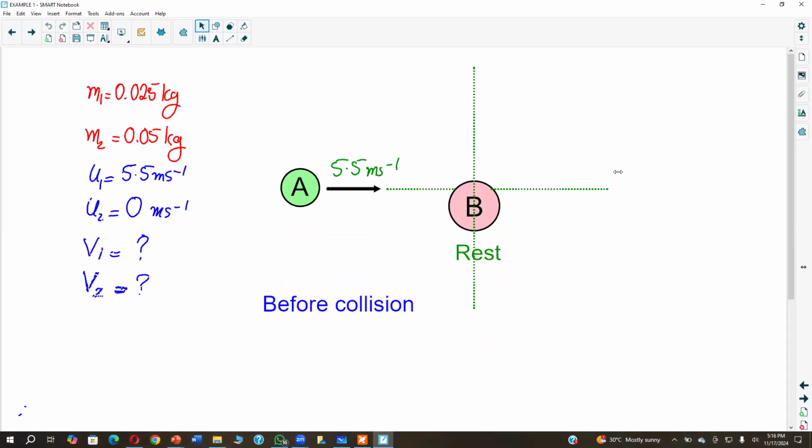Okay. Now I have made a data, it's a paper two style question. So now you have to make a data sheet. You have to show all the info you have. Q1 is 5.5. Q2 is 0. V1 and V2 is X. Done, sir. Right.